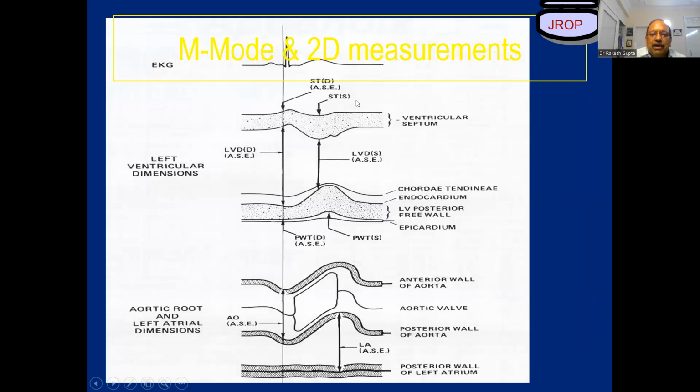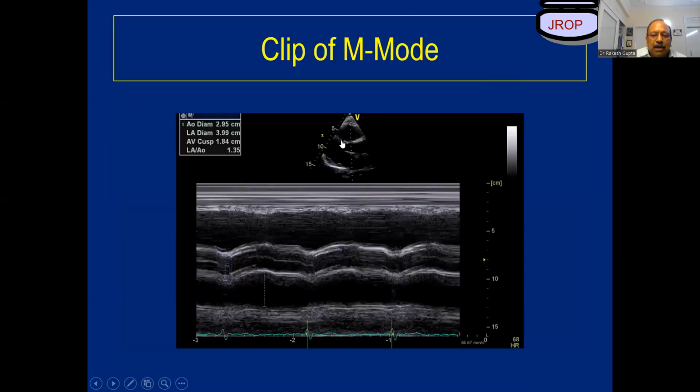Here is an M mode of a cut section across the aortic valve. Here is the aortic valve. All of us understand this is parasternal long axis view at the level of aorta. And here is a cut section across this particular part to give rise to an M mode examination. So what do we see? This is a place where we keep a transducer. So this is a part of RV free wall.